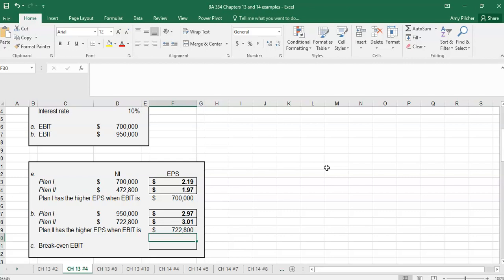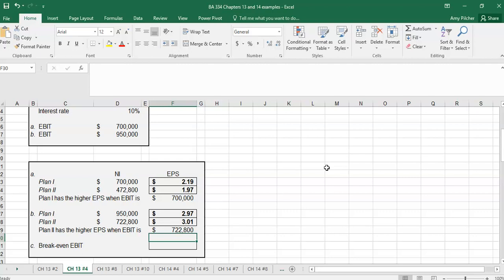So under A, the all equity provides the highest EPS, and under B, the equity and debt combination gives us the highest EPS or earnings per share.